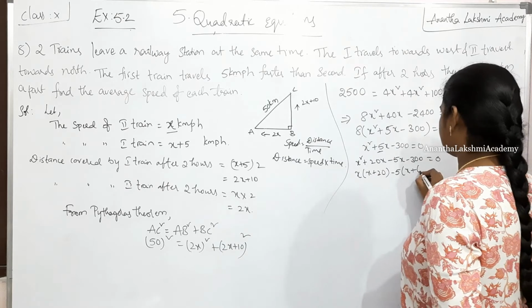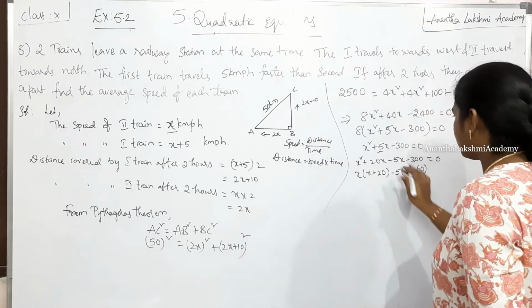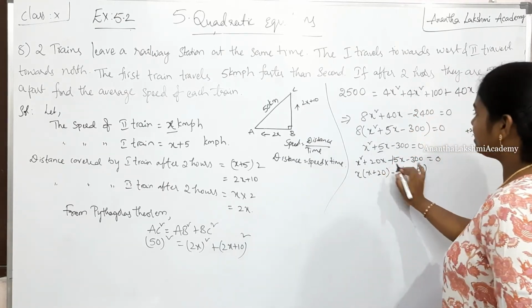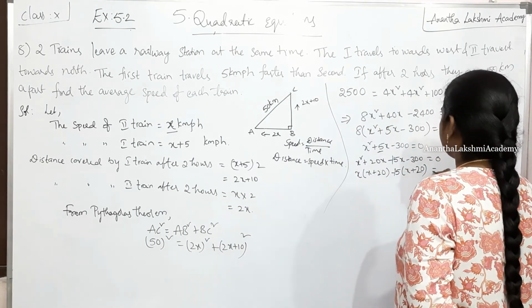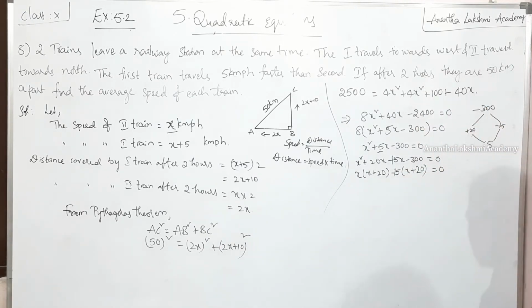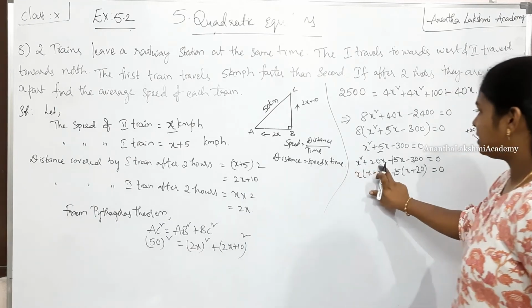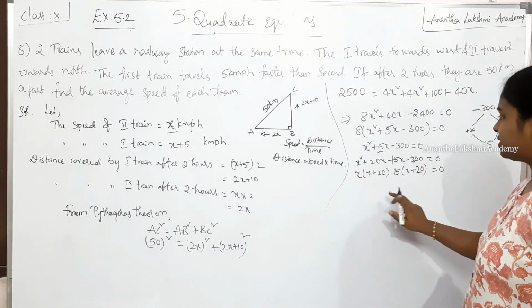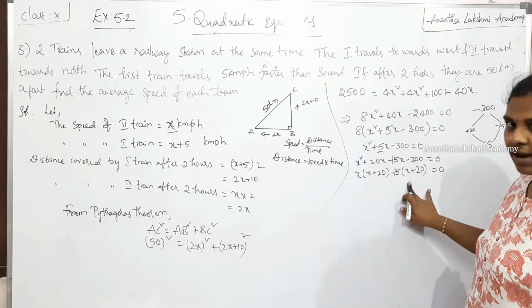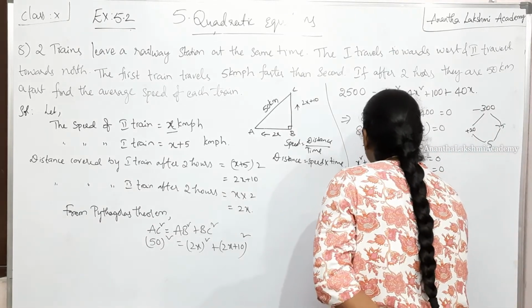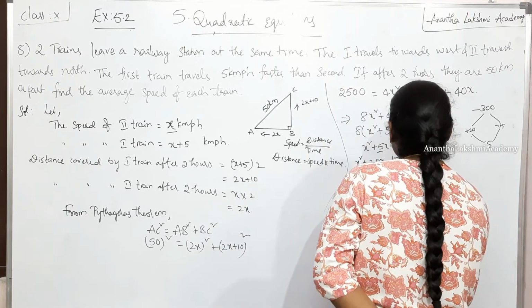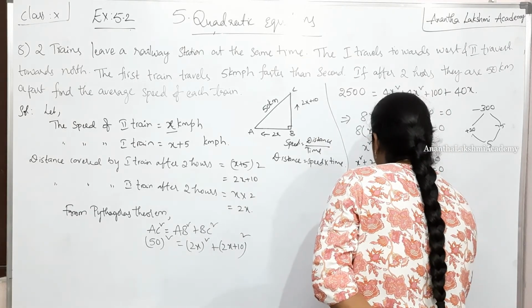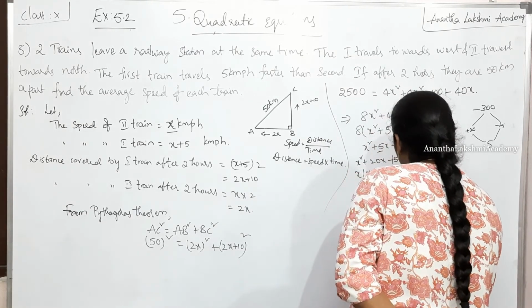So we have taken values common. This is going to be x plus 20 into x minus 15 equal to 0, which is nothing but x is equal to minus 20 or 15.